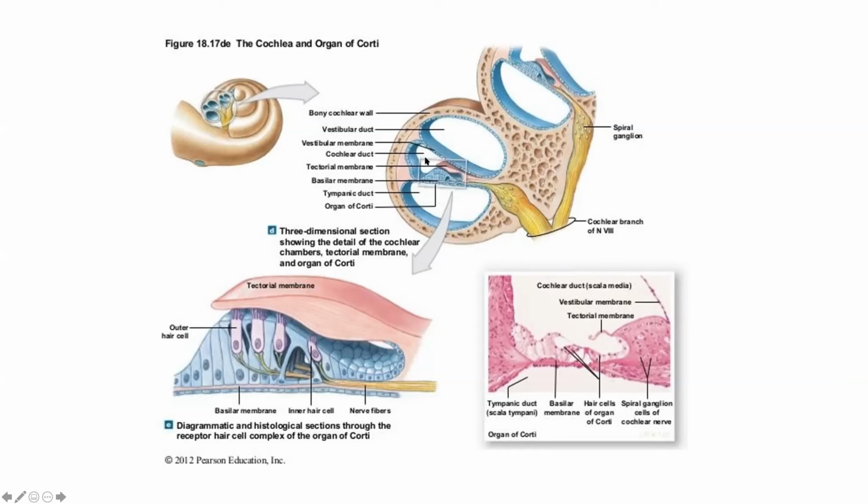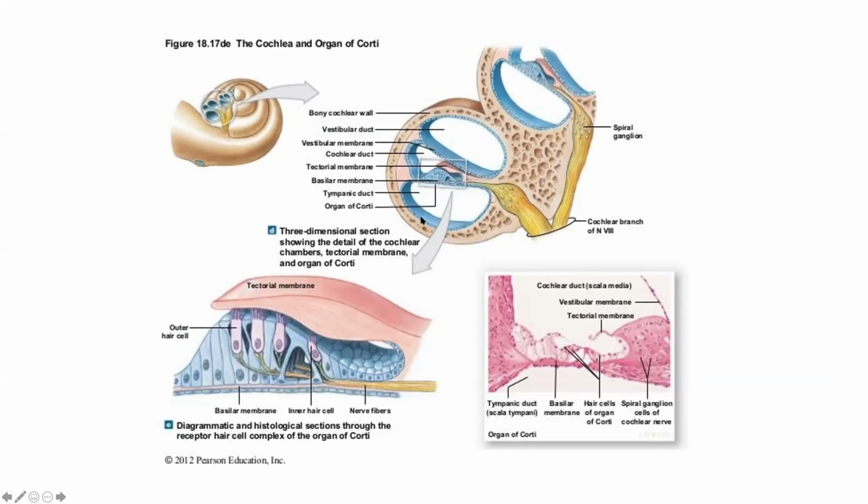And we have the organ of Corti right here. This is the basilar membrane. We have the hair cells here, and then this tectorial membrane, and that's within this cochlear duct, where the endolymph is. Endolymph is in this cochlear duct. Perilymph is in the vestibular duct and tympanic duct.